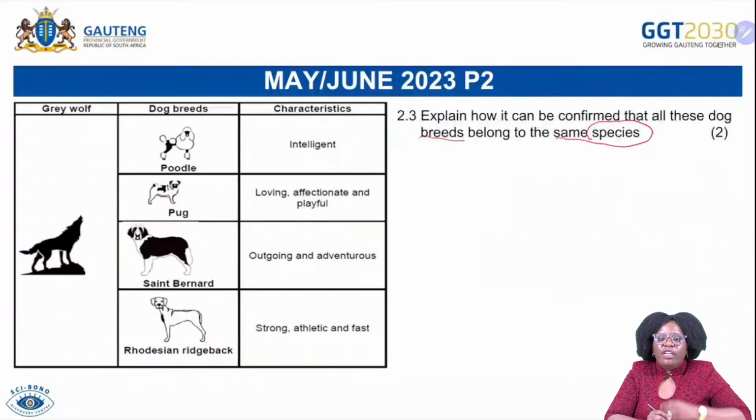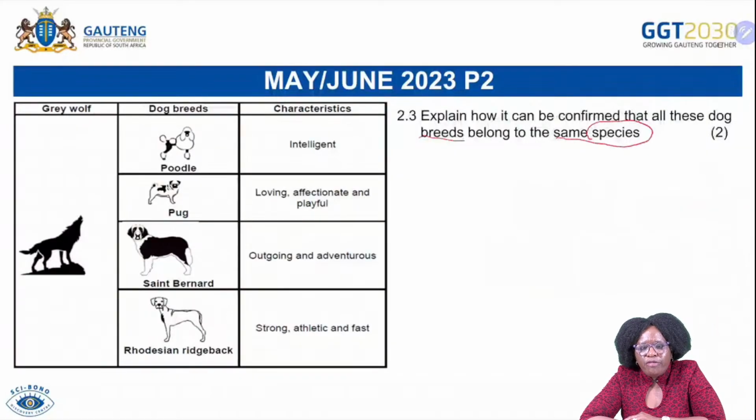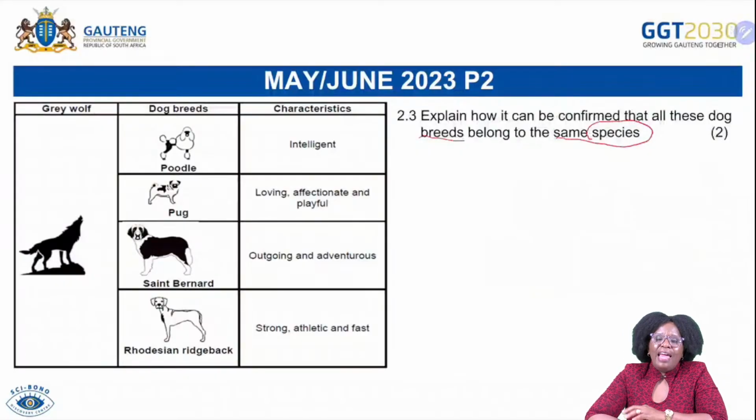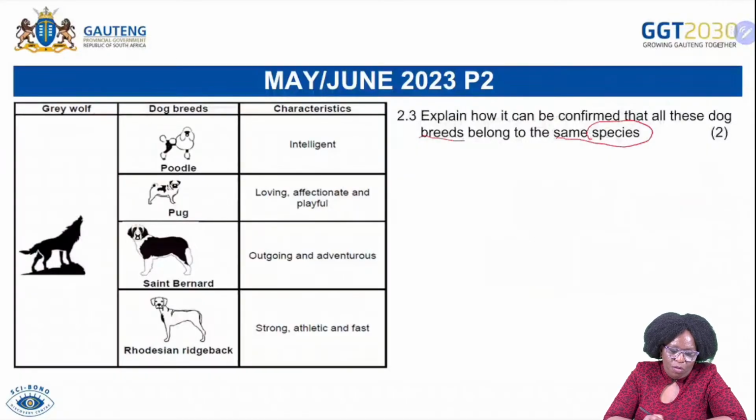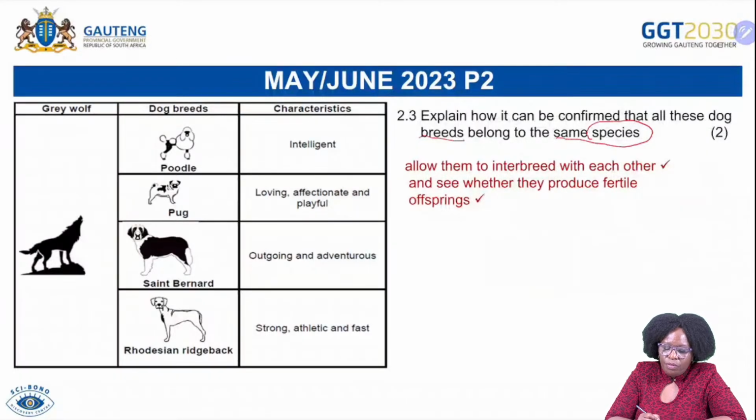But already, you have learned about the definition of a species. A species is similar organisms that are able to do what? To interbreed and produce fertile offspring. So let us see what the examiner was looking for. The examiner was looking for allowing them to interbreed with each other and see whether they produce fertile offspring.